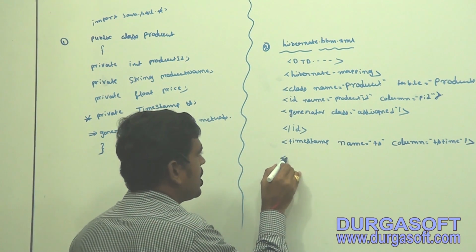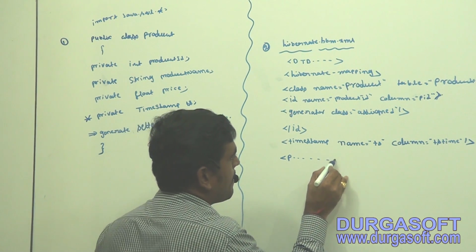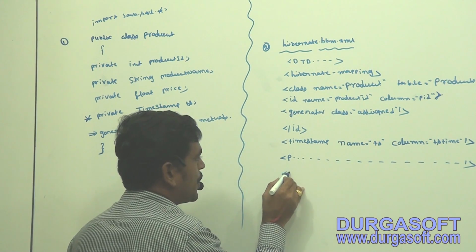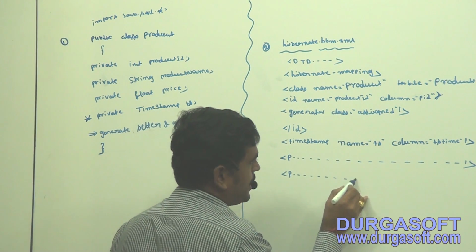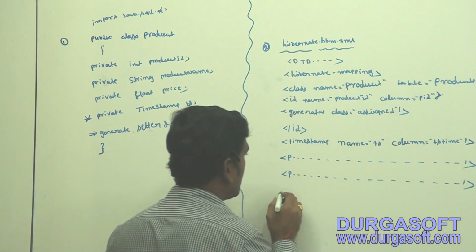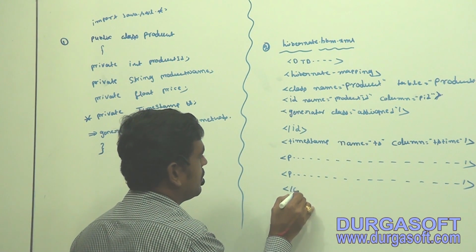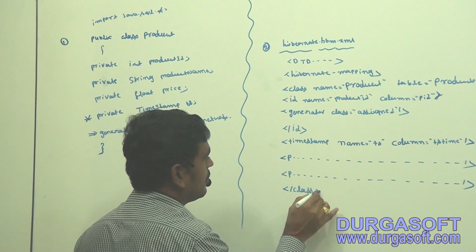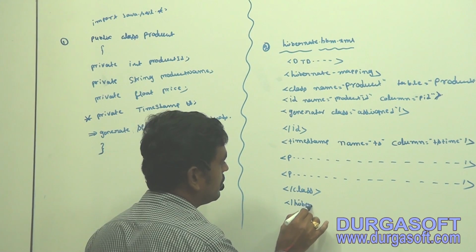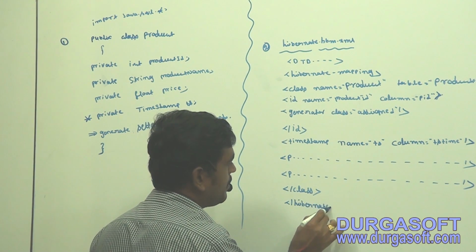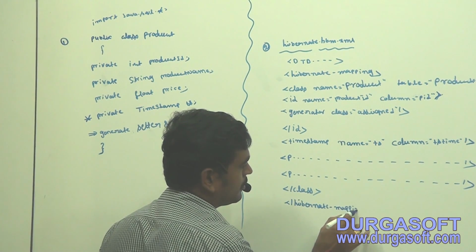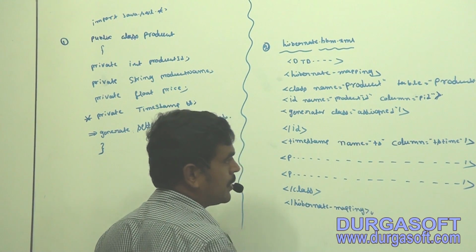After that we can configure the properties. Property name is equal to productName. Property name is equal to price. The next, close the class. The next, close the hibernate-mapping.